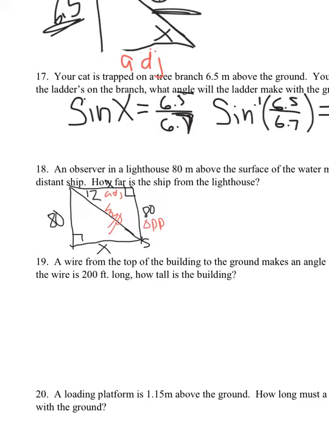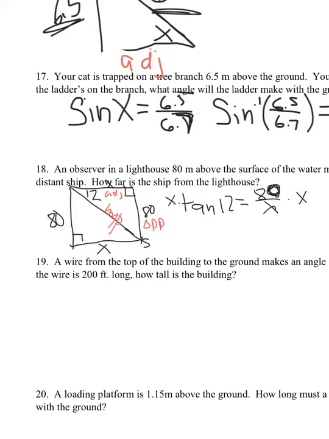That's opposite and adjacent. And they're very similar numbers to the problem earlier. So it's going to be tan 12 equals 80 over x.